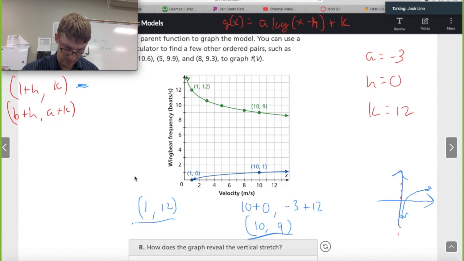So you can find 1, 12. You can find 10, 9. And so you have this graph right there. So we can erase some of this stuff.